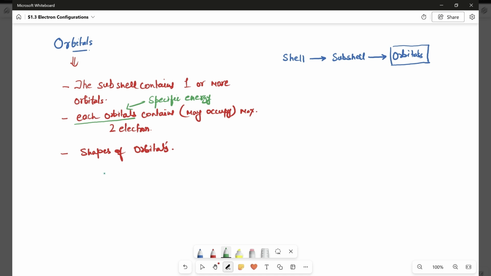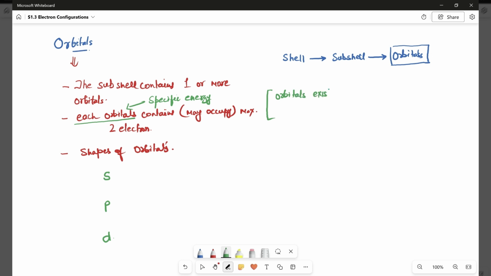Let's say if I'm saying an electron is present in an s orbital, it has a different energy as compared to p, as compared to d, right? So you must understand that an orbital exists at a specific energy level, and electrons can only be found at these specific levels, right?